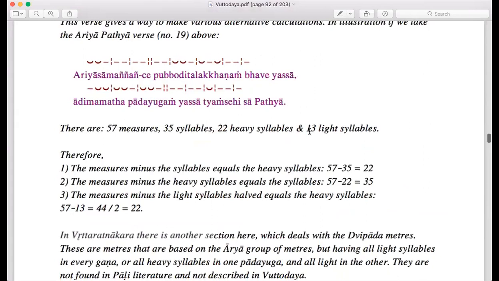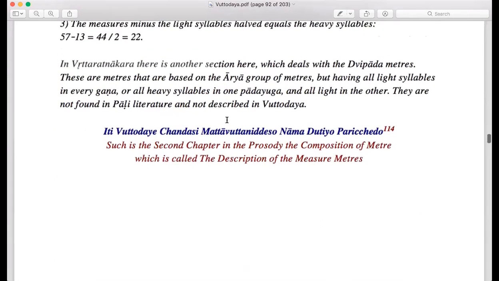So we finished the second chapter of the Vuttodaya. Iti Vuttodaya chandasi mattavutti niddeso nama dutiyo parichedo. Such is the second chapter in the prosody, the composition of meter, which is called the description of the measure meters. Mattavutti niddeso, description of the measure meters. Here you see chandasi: the word chanda is used for the Vuttodaya text or Vuttodaya book, because Vuttodaya and chanda are in the same case.